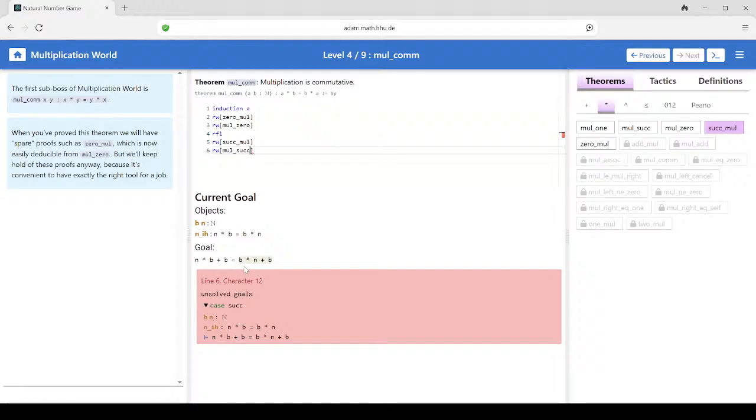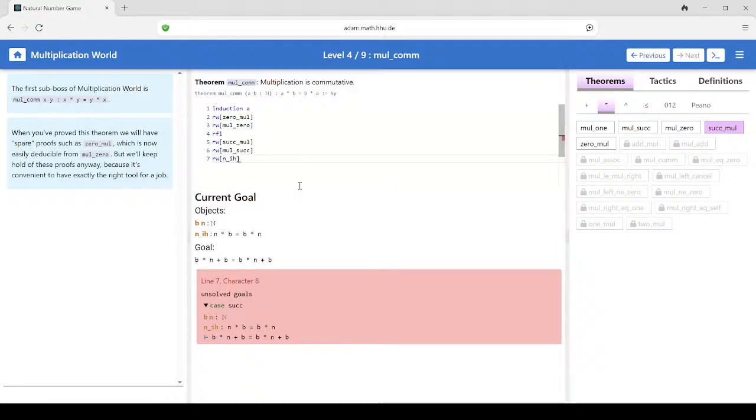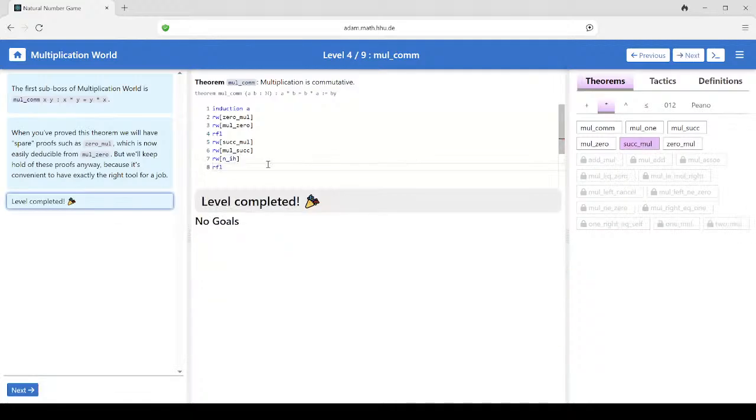Now what? We have the induction hypothesis that n times b equals b times n. Oh, there we go. We just need to do that. Right. I always forget to look at this. And that looks right. There we go.